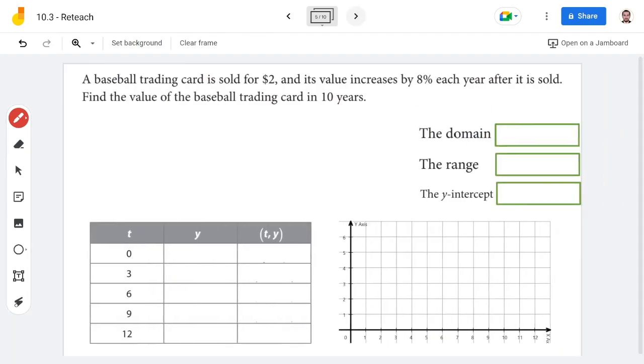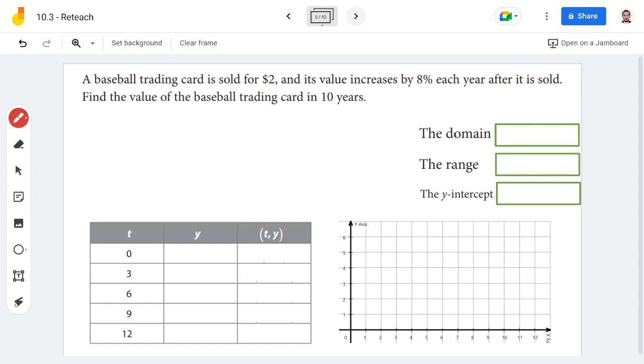The first question: a baseball trading card is sold for $2 and its value increases by 8% each year after it is sold. Find the value of the baseball trading card in 10 years.